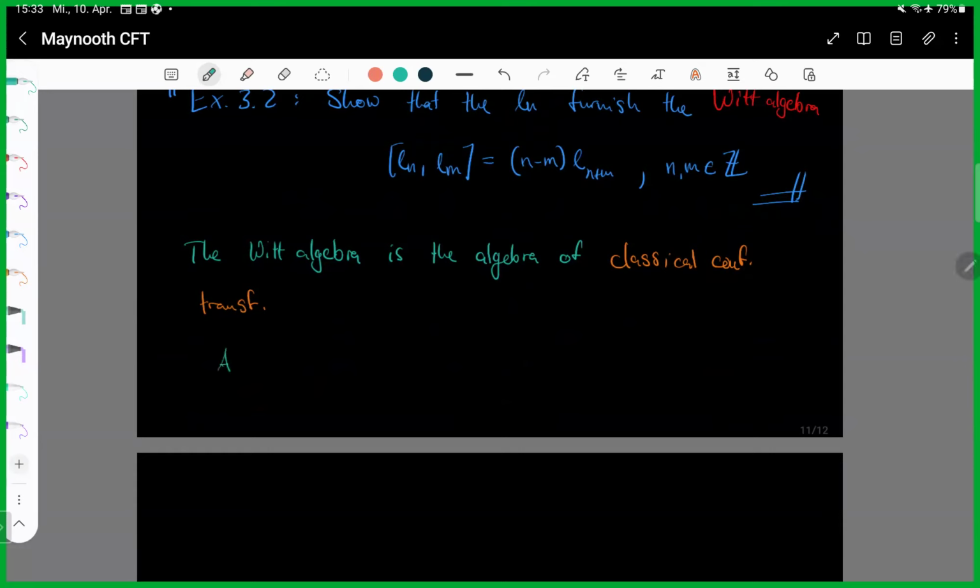The anti-holomorphic sector equally has its Witt algebra, so it's treated analogously. We give them a bar, but it's an Ln just like the other one. And surprise, surprise, you just replace z by z bar and del by del bar. And you also have an infinity of these.